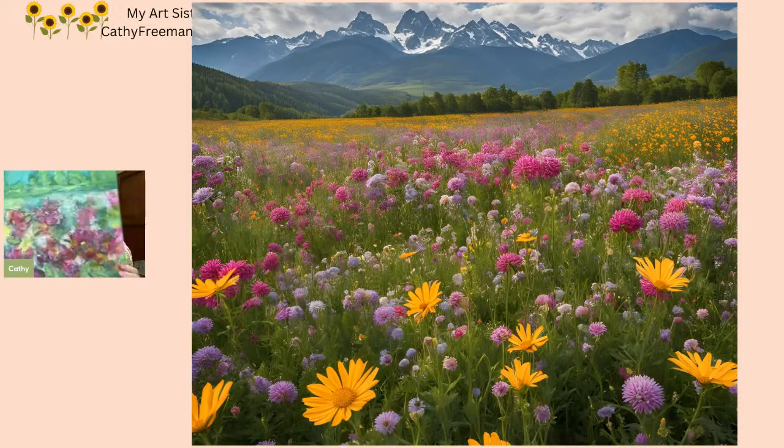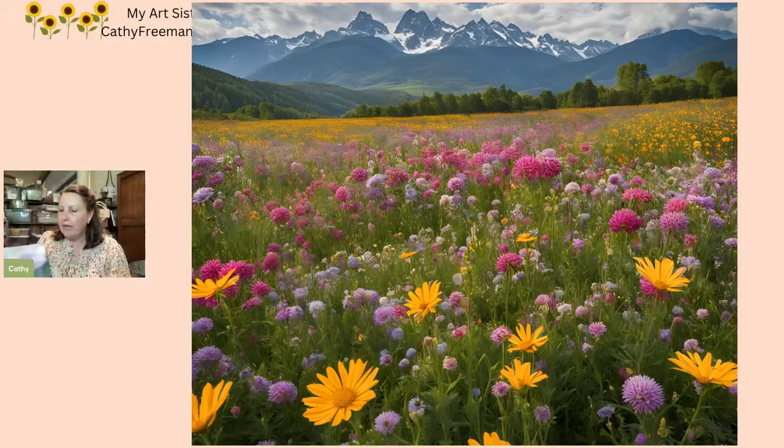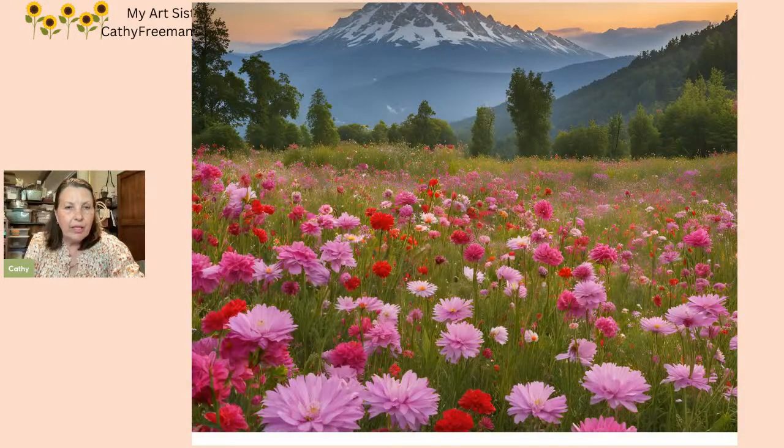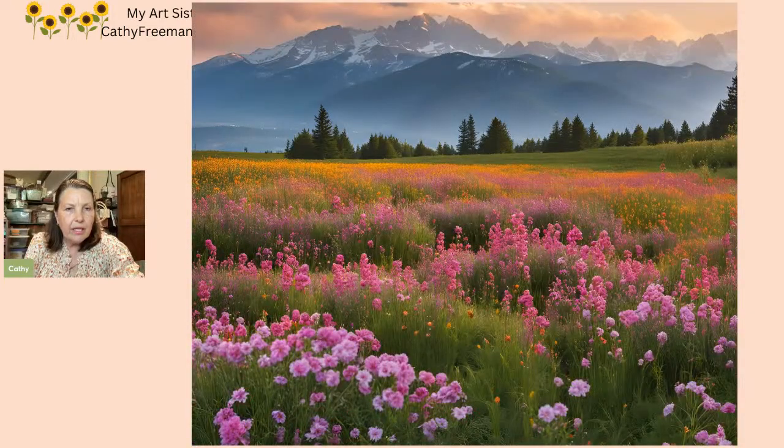I was trying to decide how I want to organize that, what kind of composition I want to create. So I generated this image, and this image, and this image, and this is all AI. If you haven't used AI yourself, it's kind of fun to do. These are just images generated around a field of flowers and mountains.